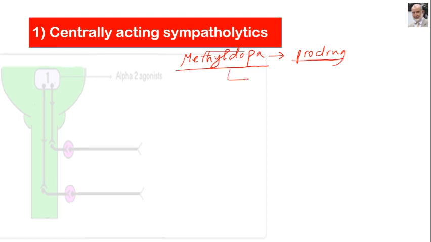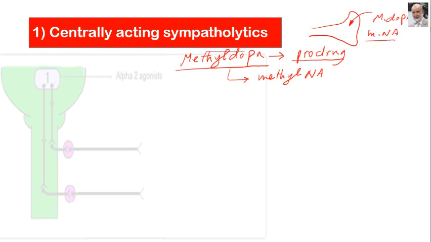Methyldopa is metabolized to methyl noradrenaline. This happens at the adrenergic nerve terminal. So methyldopa will enter the adrenergic nerve terminal and be utilized by it. Instead of L-dopa, it will be converted to methyl noradrenaline.